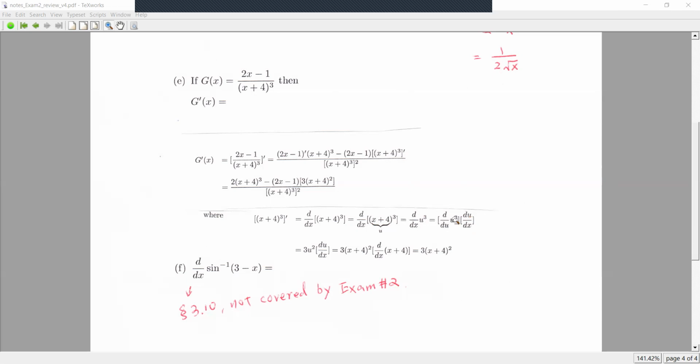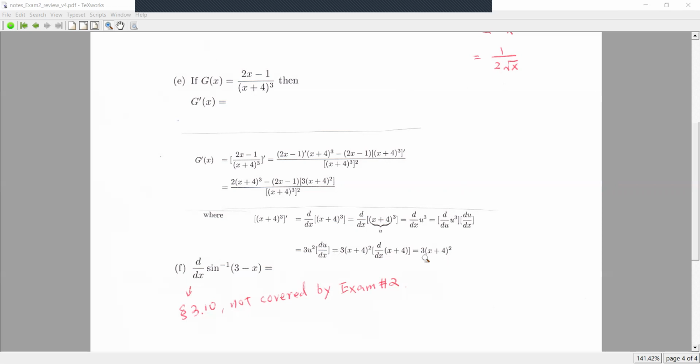Derivative of u to the third with respect to u is 3u squared. Now plug in x plus 4 for u here, then I have this equation. Derivative of x plus 4 with respect to x is 1.